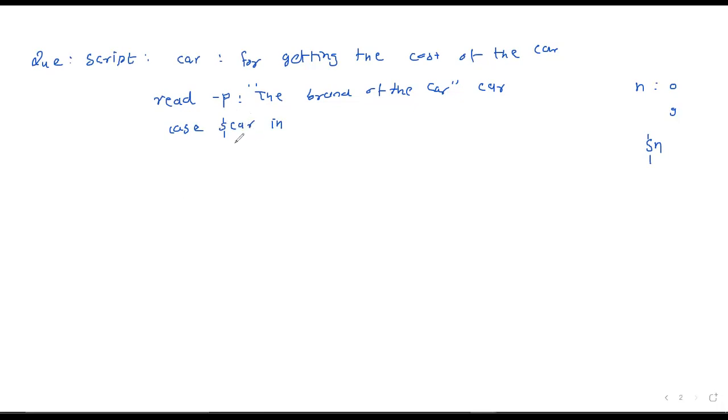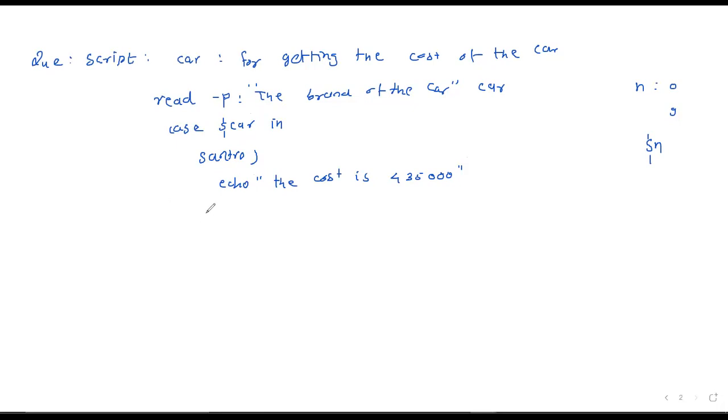Let us say it is a Santro. Then what is the action? Echo the cost is 4,35,000. Now actually it is an outdated car, but it was my first car. That's why I have taken Santro.